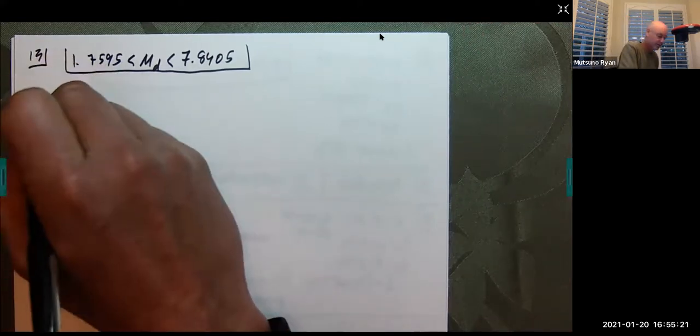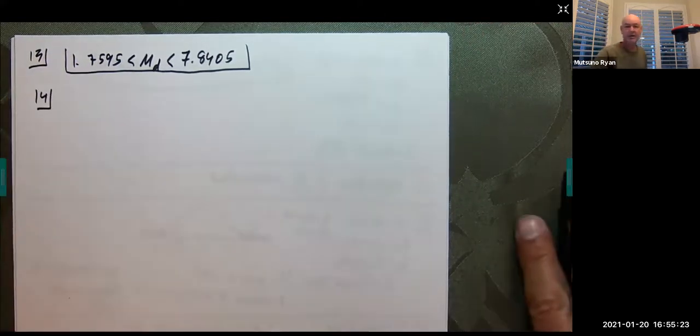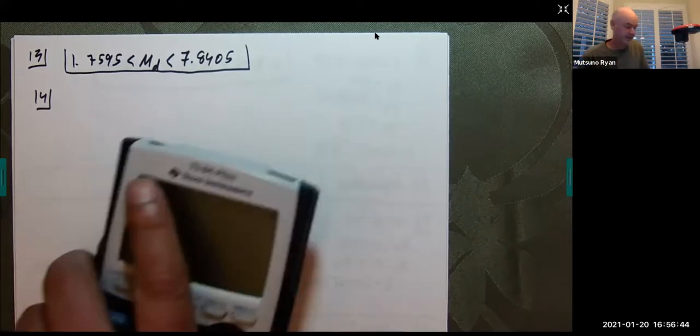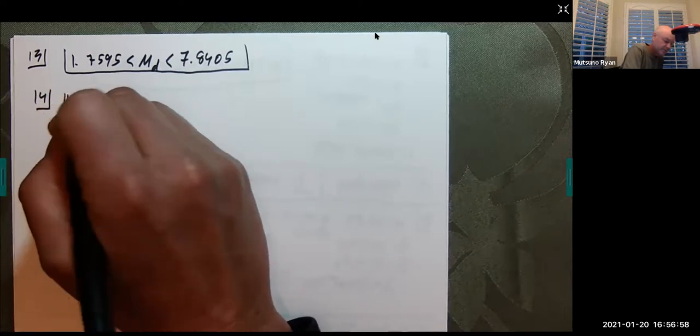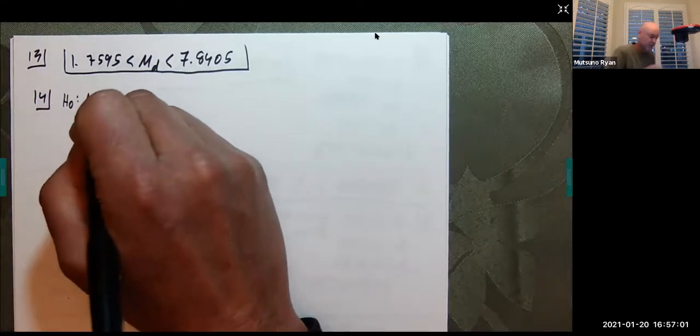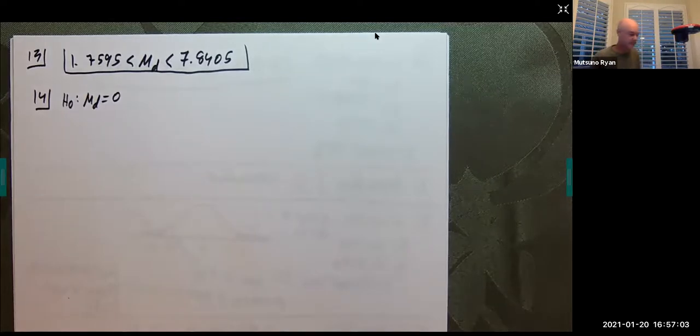All right, number 14. I'm going to take a minute, pause it again so that I can put the data in. All right, so I added those in there, and this is a full-on test that we're going to be running here. So in this case, they want to know if this diet is effective, meaning they're losing weight. The assumption is always that nothing happens, that there is no change.